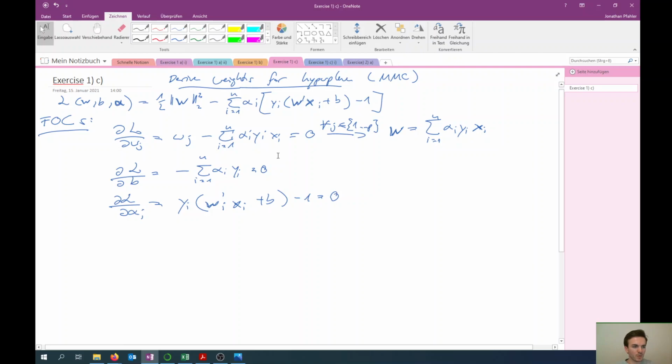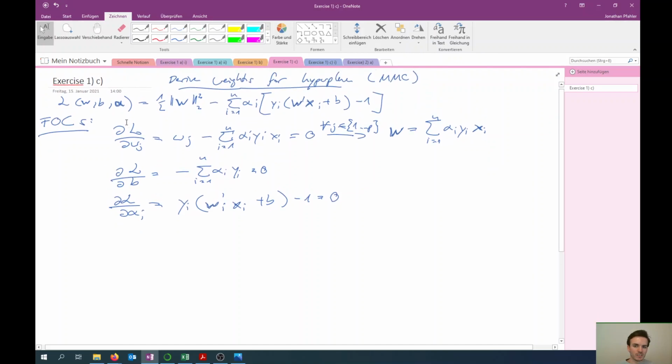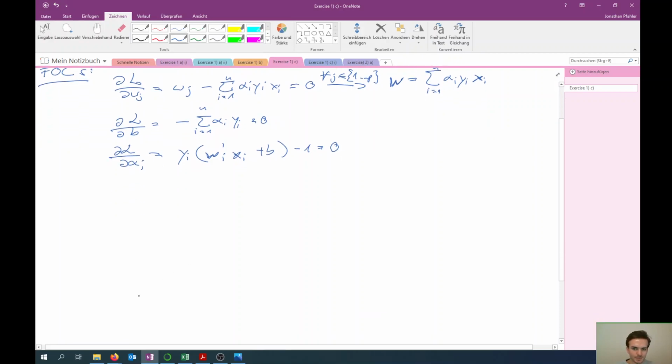So now what we can do is plug them back into the Lagrangian to get a function that is no longer reliant on the weights. So this is again the square of the L2 norm.